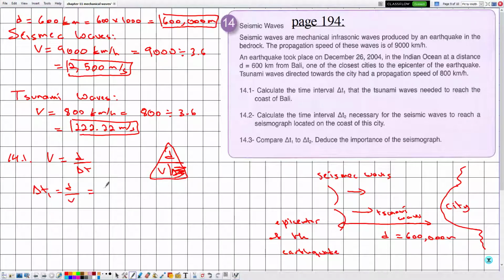So the distance is given by 600,000 over the speed. Here we are calculating delta t of the tsunami, so the speed of the tsunami is given by 222.22. Plugging this on the calculator, then the answer would be almost 2700 seconds, because everything is expressed in the SI.